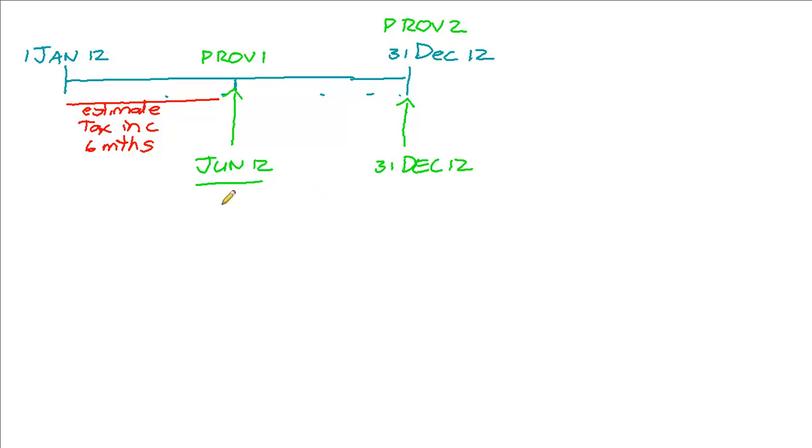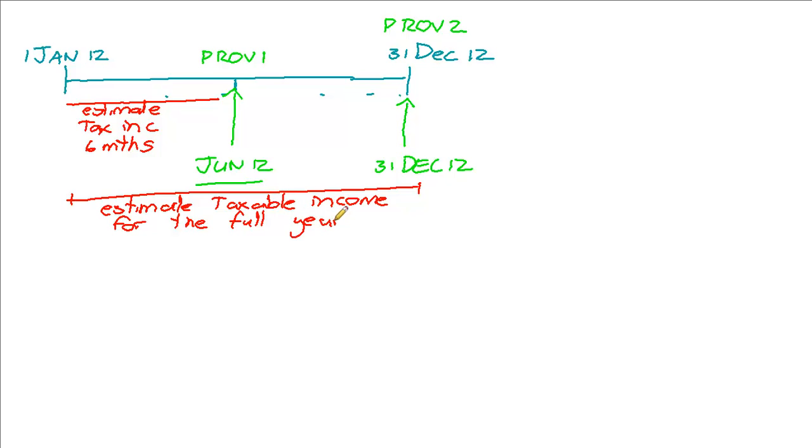Then our second provisional payment will be based on the estimate of taxable income for the full year.